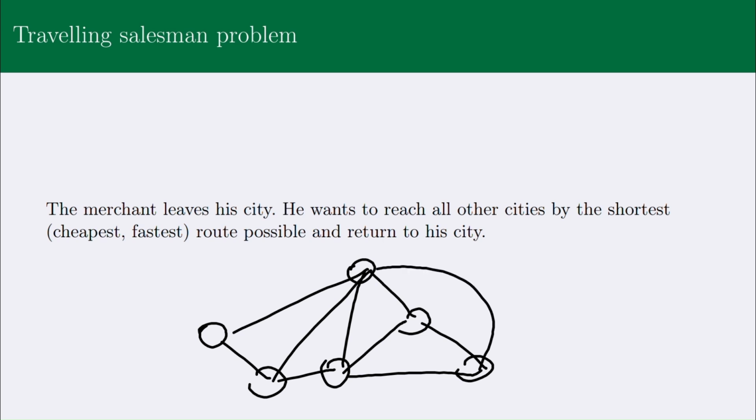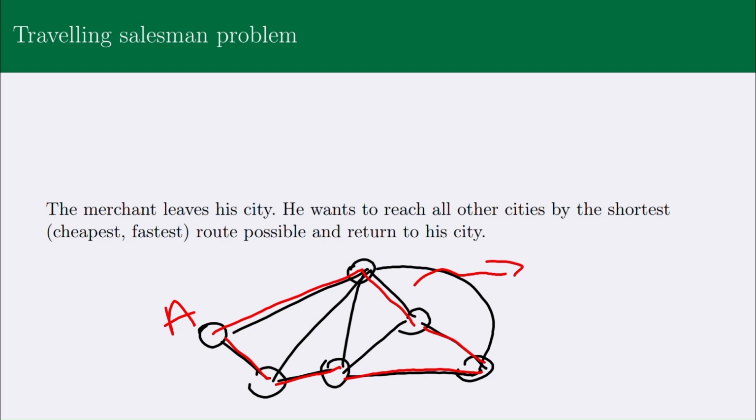And his goal is to start in his city and visit all the cities in this district, let's say, and come back to his original city. So, what is this red road?